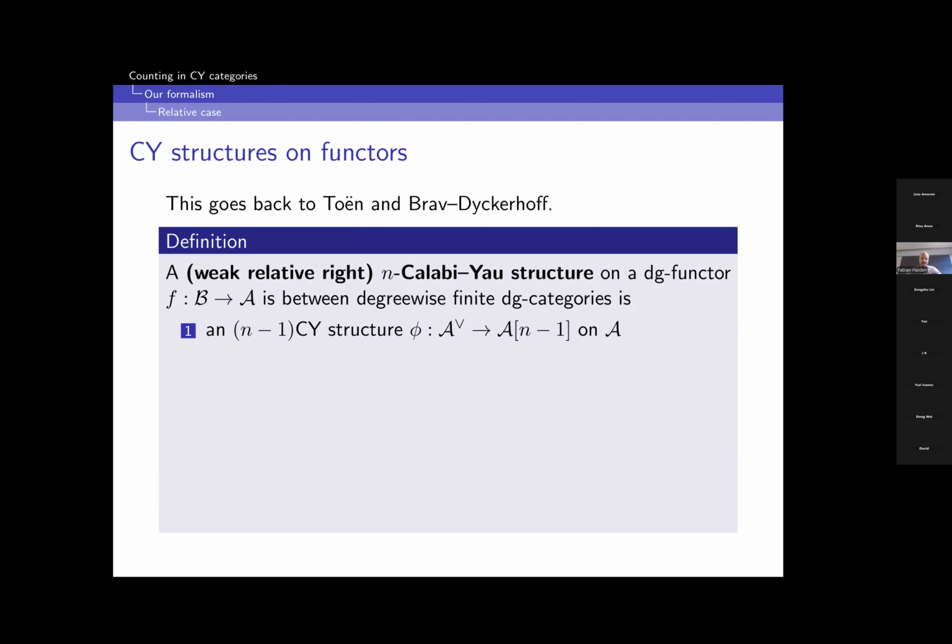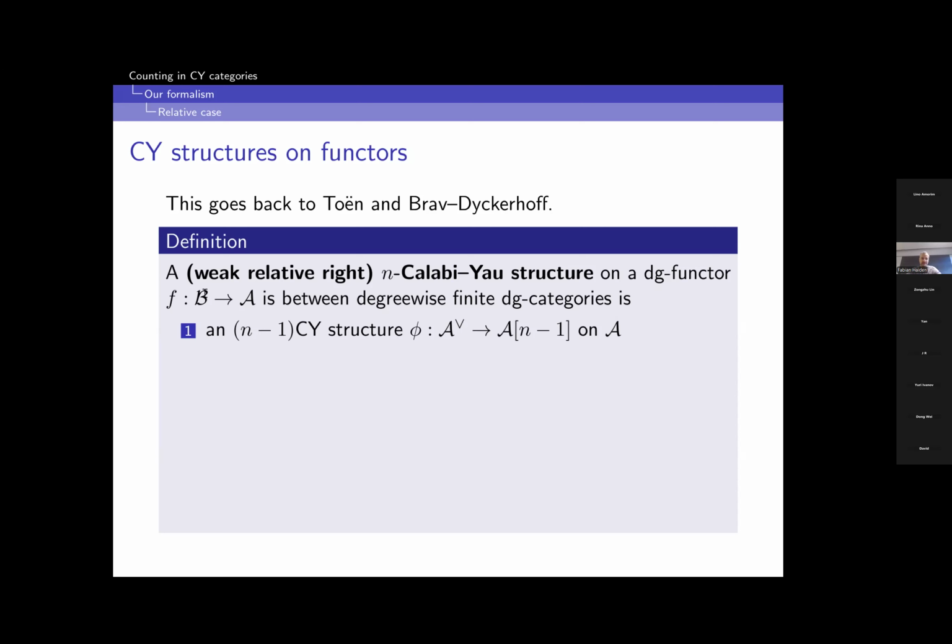So in this version, the one that I want to use, what is a Calabi-Yau functor? Well, first of all, the target needs to be a Calabi-Yau category of dimension one less. If you think of a Calabi-Yau category as analogous to an oriented closed manifold, then this will be analogous to an oriented manifold with boundary.